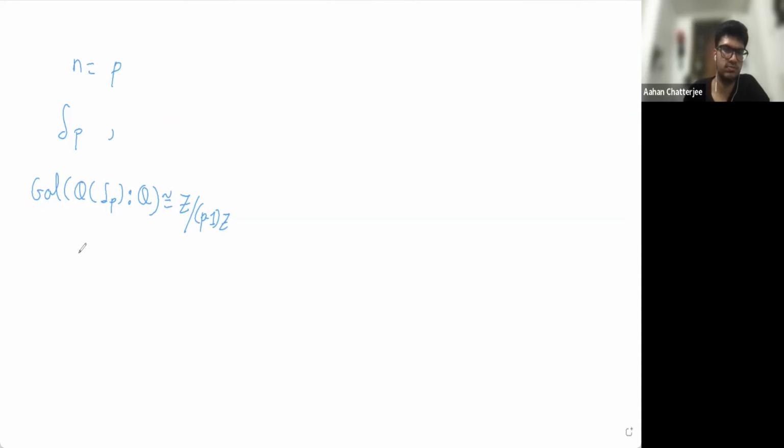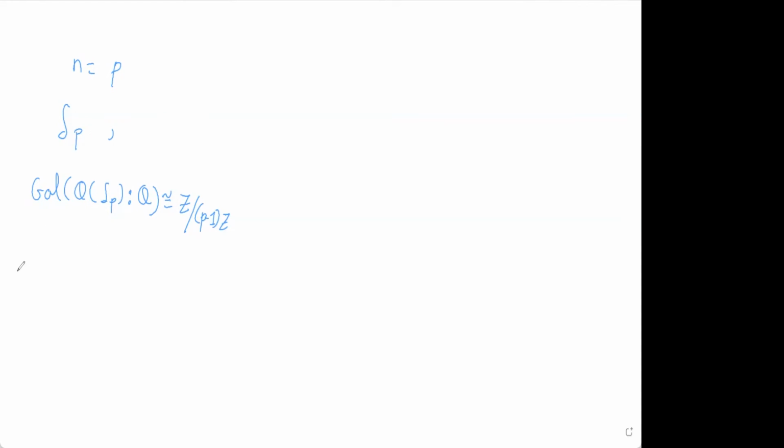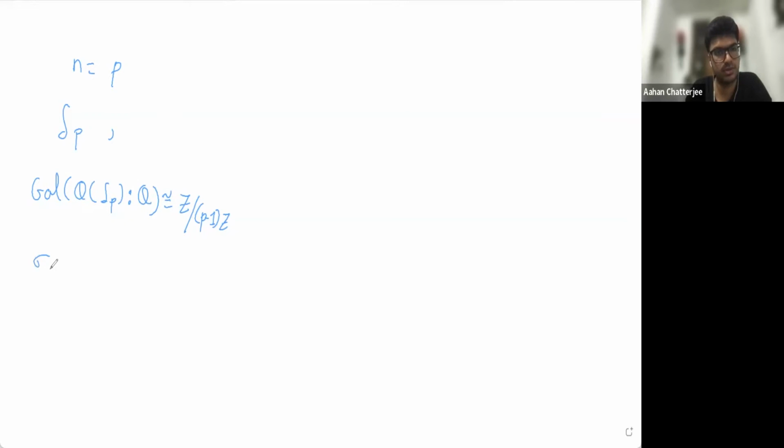Could you brief it? Sure. So basically, the automorphism maps are just sigma n to sigma n raised to i, because these are the roots of the polynomial.